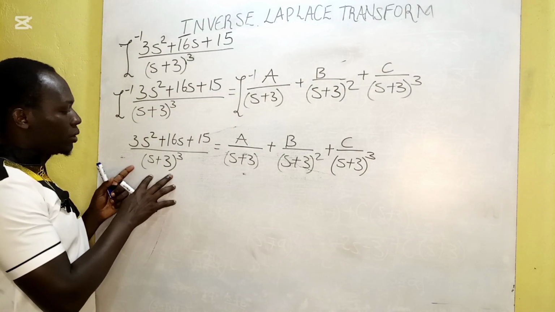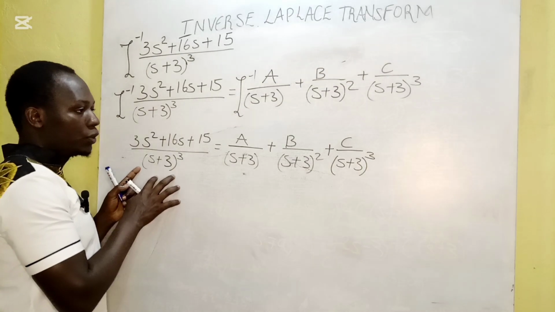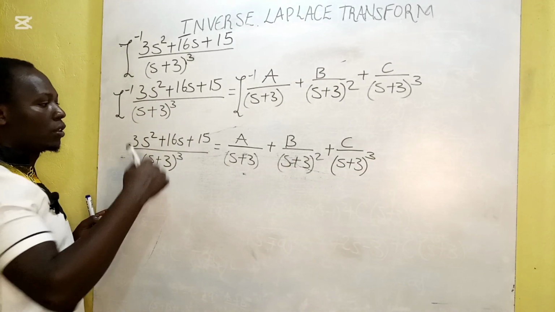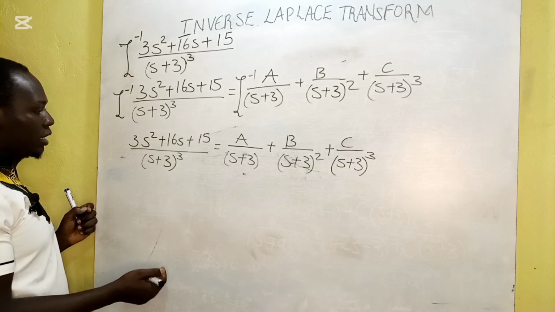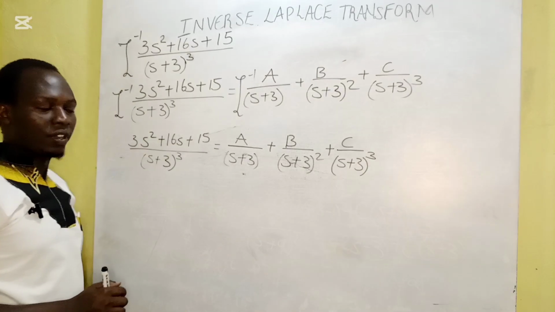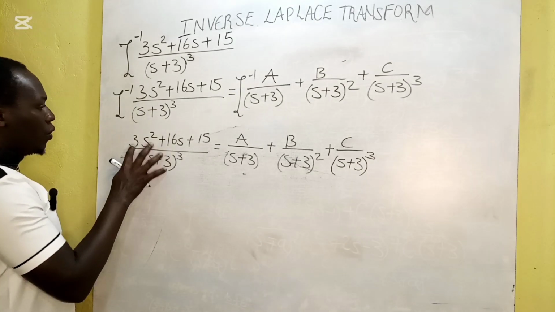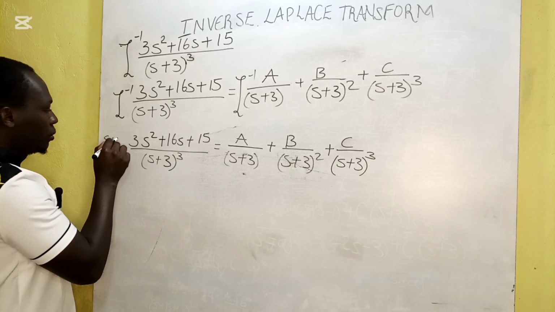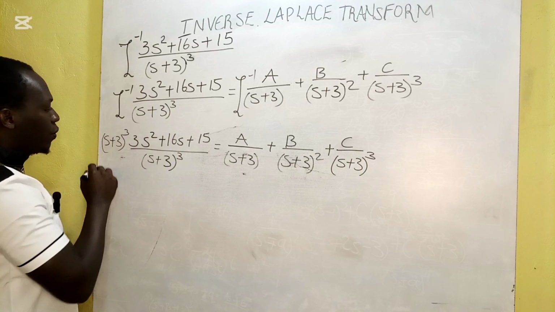We are going to take whatever we have in our denominator and multiply by each and every function on the left hand side and the right hand side. When you take whatever we have here in the denominator, we multiply by this function, (s + 3) raised to a power of 3.